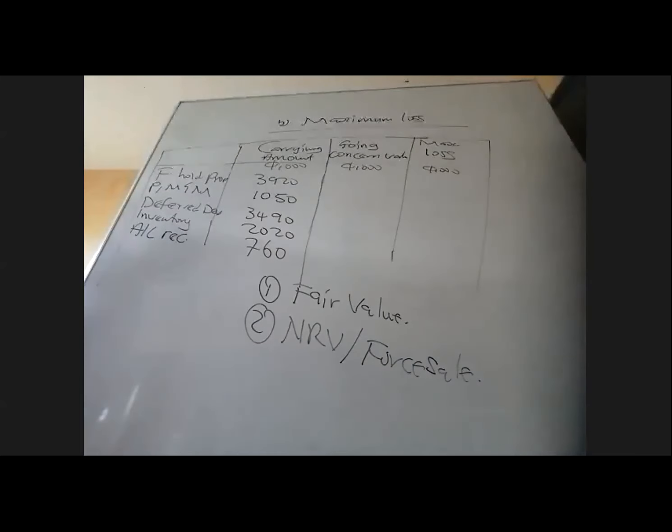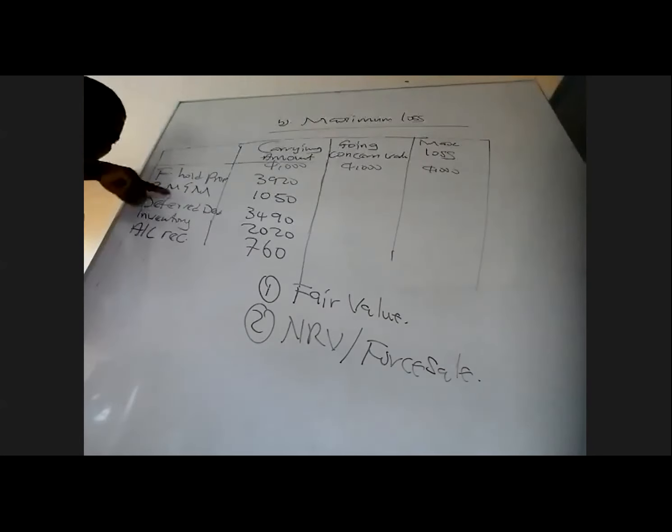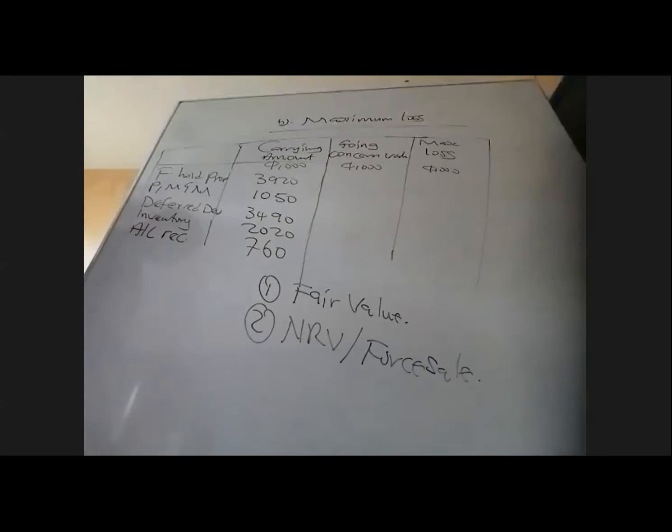Good. Now let's go to the footnote and pick the items. So you pick freehold, plant, machinery and motor vehicle, deferred development expenditure, inventory and account receivable. You are done. So according to note 1, the company's freehold was acquired on 31st January 2010.